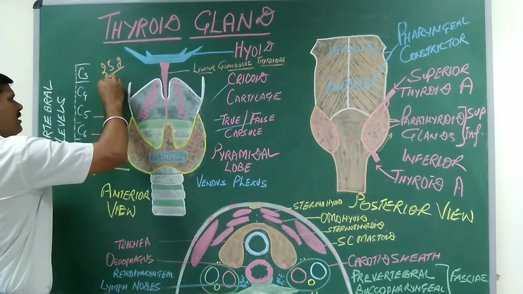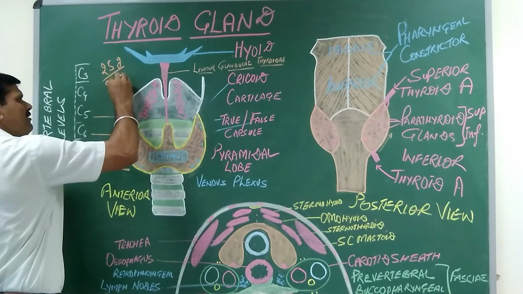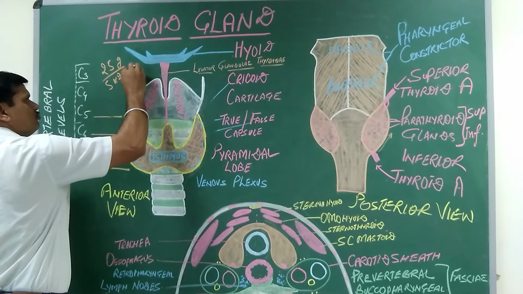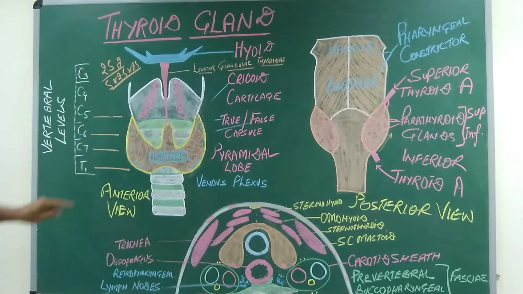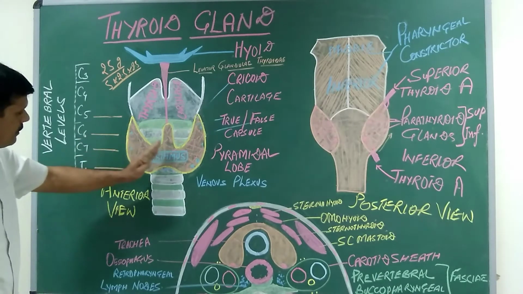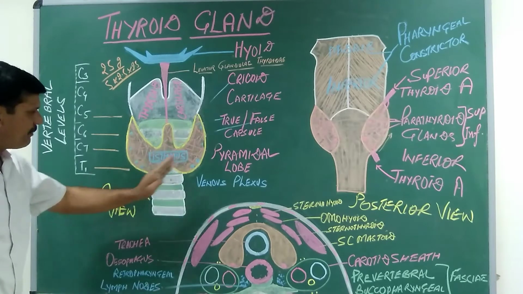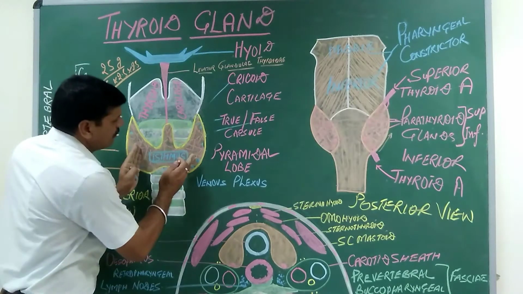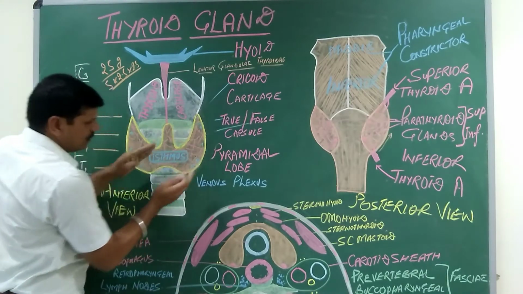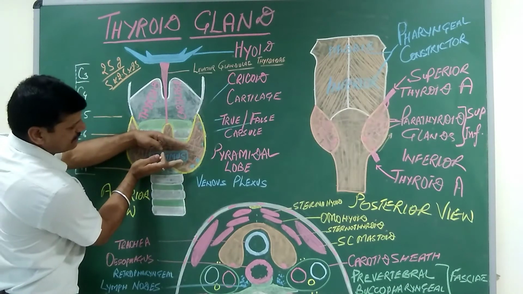The dimensions are 5 into 2.5 into 2.5, that is height, width and thickness. The thyroid gland is rich in blood supply, with two lobes joined by the isthmus in the center.